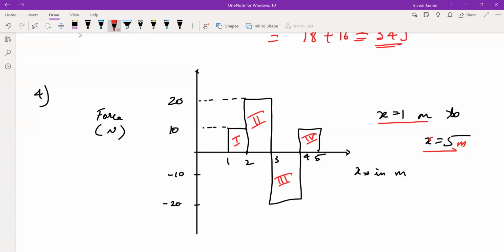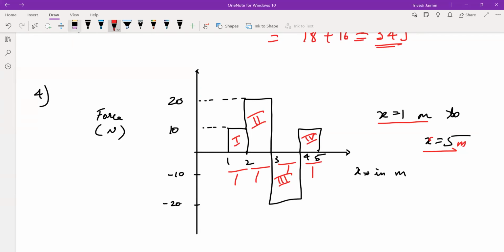So first, 10. Second is not 40. You're multiplying by 2, but see here, the difference between them is 1. This also is 1 and this is also 1. This all are 1, 1, 1 only.